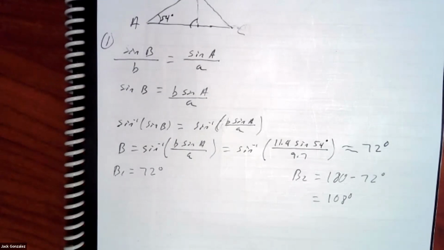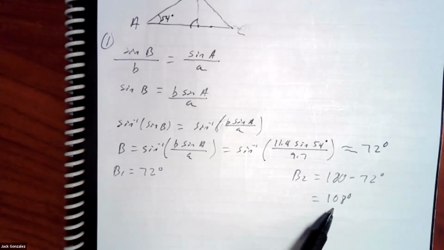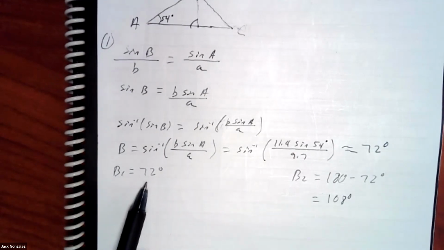That's one. Well, we're good. 108. So now check. If I add 54 to this and this one, are they both below 180?